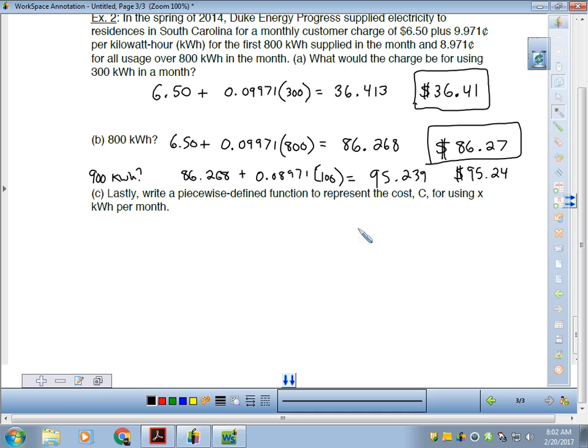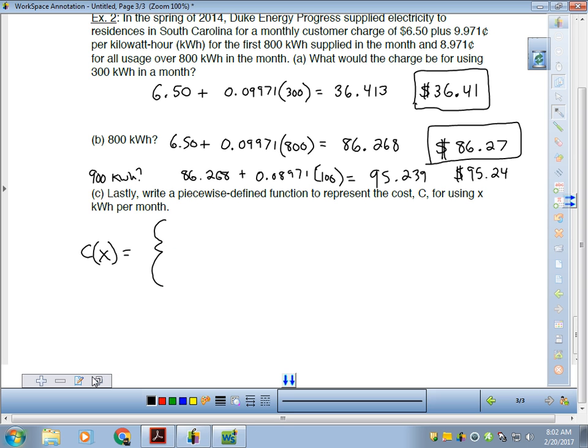So Part C asks us to write a piecewise defined function. So we're going to write a piecewise to represent the cost, C, for using X kilowatt hours per month. So I'm going to have some function, C of X, the cost in terms of kilowatt hours per month. Okay, and it's going to be a piecewise.